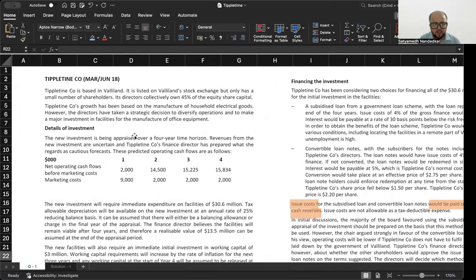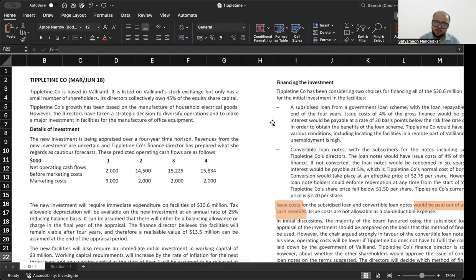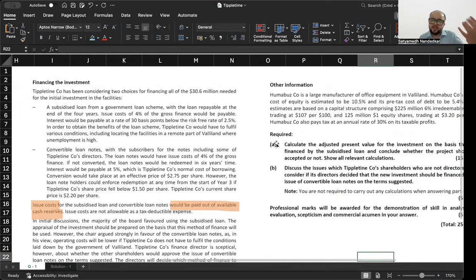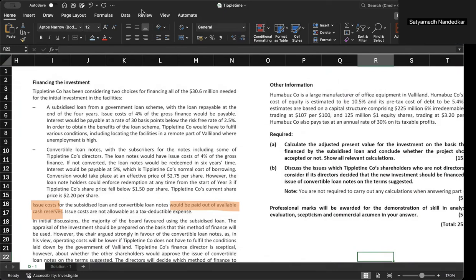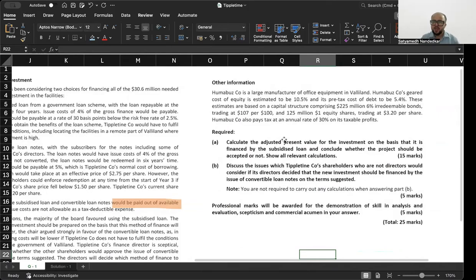It wants to diversify and make a major investment in facilities for manufacturing of office equipment. So we want to enter the office equipment space, and here Humabu's company is already operating in that space. So we are using Humabu's company as the proxy company. Okay, so we look at Humabu's company, we understood that it is also in the same business.